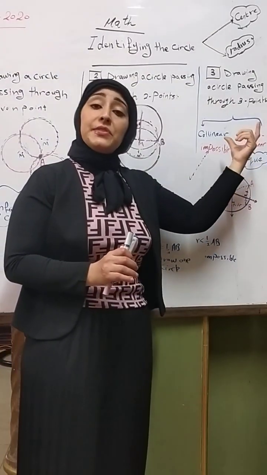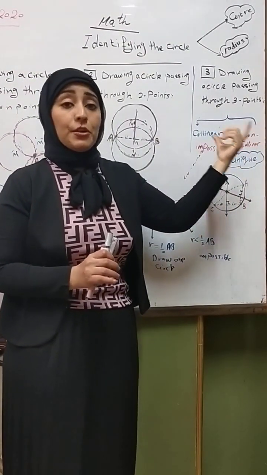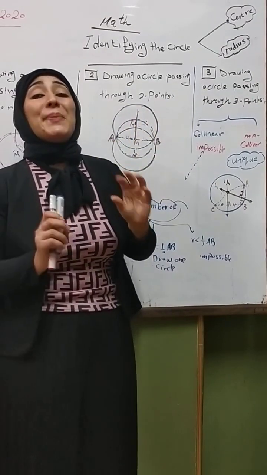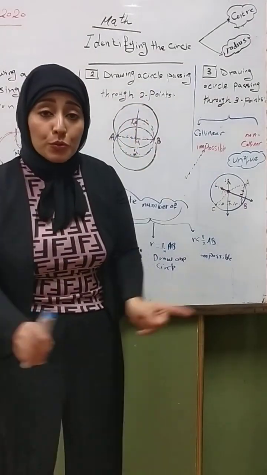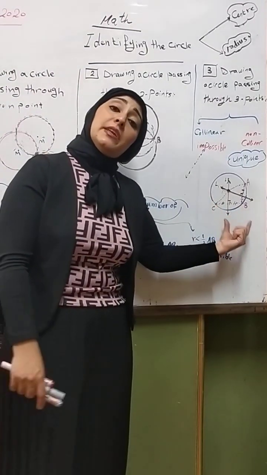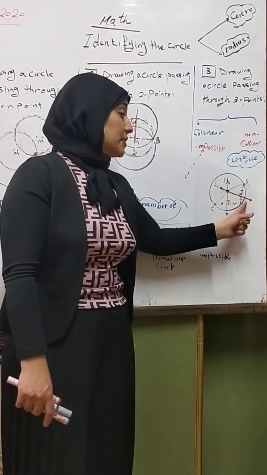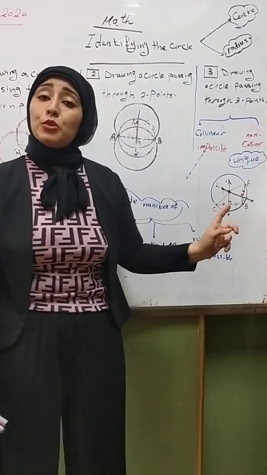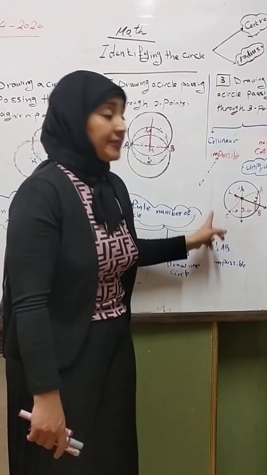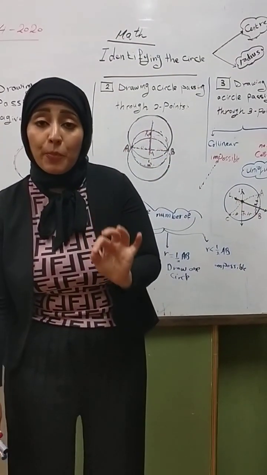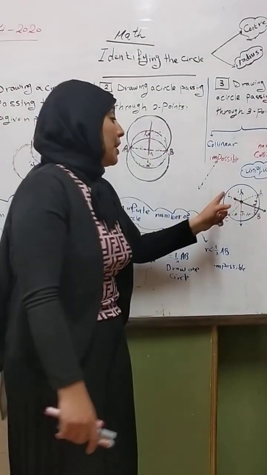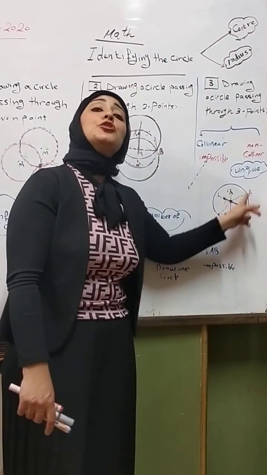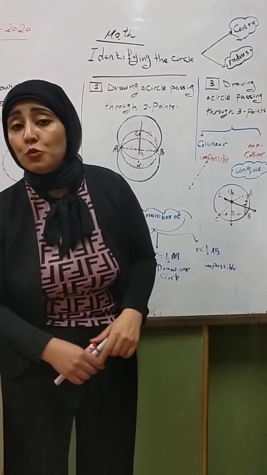But if they are non-collinear, we can draw a unique circle passing through these 3 points together. As we see in our example, here we have these non-collinear points A, B, and C, and we draw the circle. But we have one important condition: the center of our circle must lie on the axis of symmetry of each line segment joining each 2 points of them.